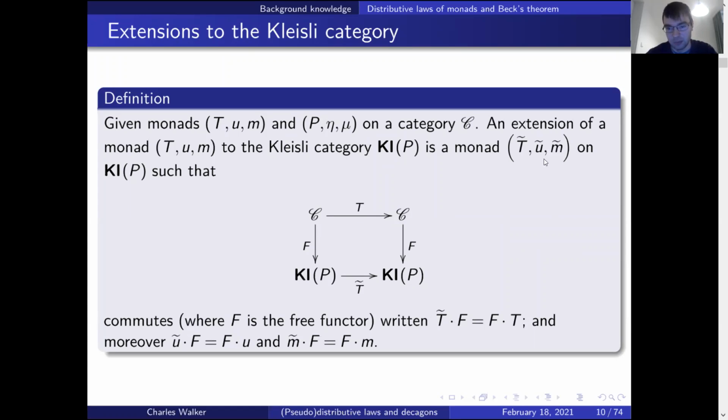So the eta twiddle and the mu twiddle. And so this just means that eta twiddle F is F eta and mu twiddle F is F mu. Right, well, these are some whiskerings.